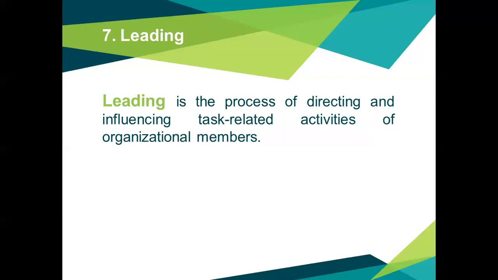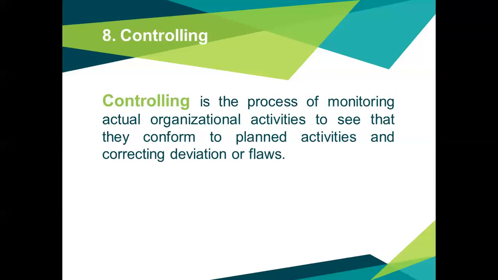The seventh function of management is leading. Leading is the process of directing and influencing task-related activities of organization members. Once an organization has good leadership, it will be able to direct and influence a lot of good things to the employees and to the people within the organization.